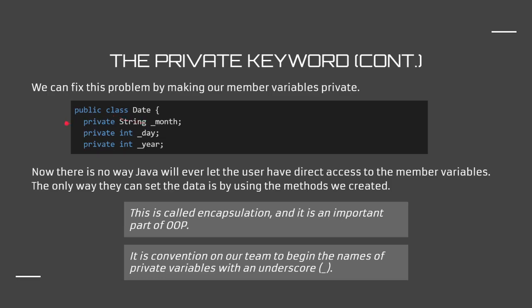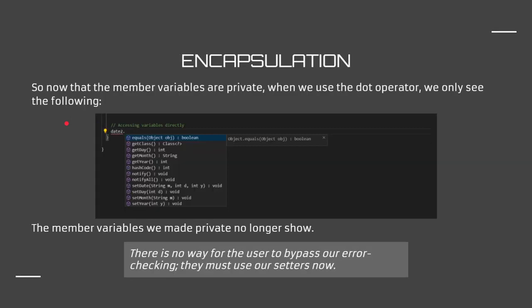Alright, so now there is no way that Java will ever let the user have direct access to these variables. The only way they can set the data is by using the methods we created. This is called encapsulation, and it's an important part of object-oriented programming. It is convention on our team to begin the names of private variables with underscores, as I said.